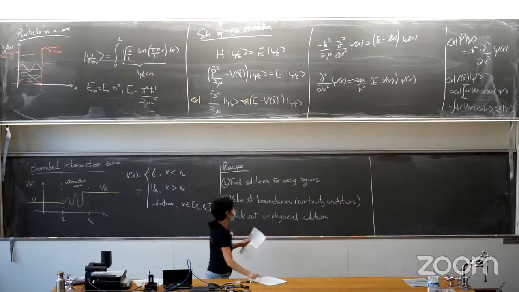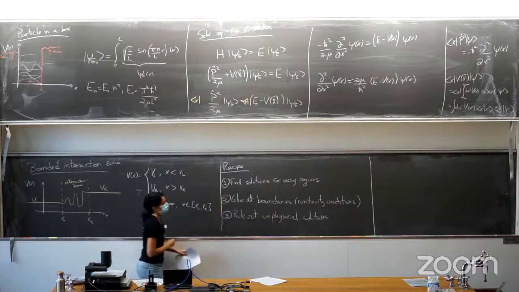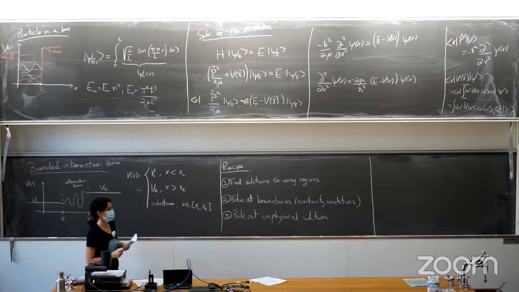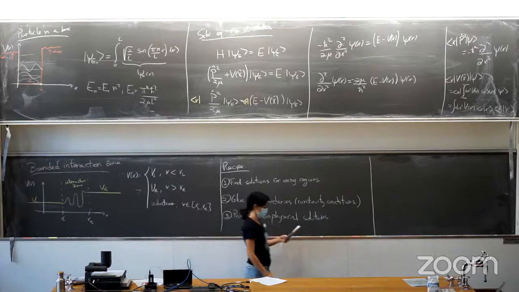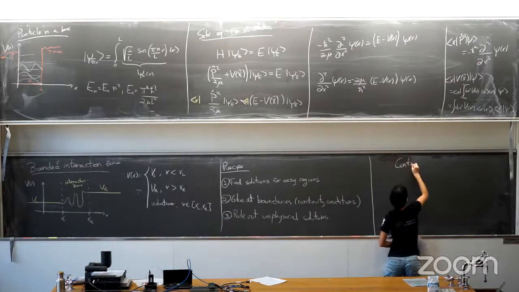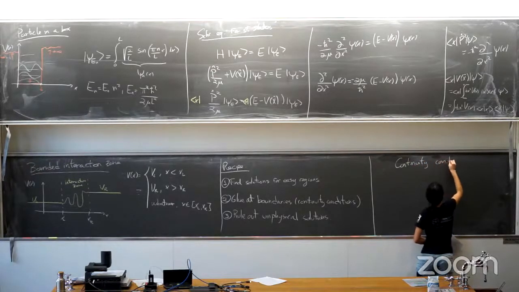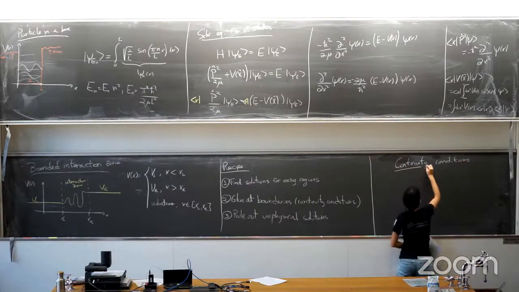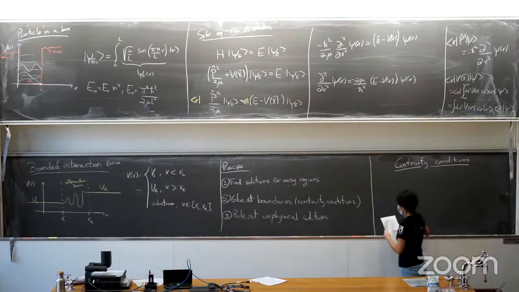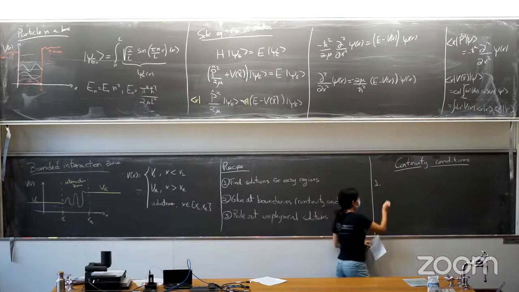So we will start here with number 2. Let's just look at what continuity conditions we want to ask of the wave function. Number 1 is that the wave function is continuous, and we'll talk more about this next week.